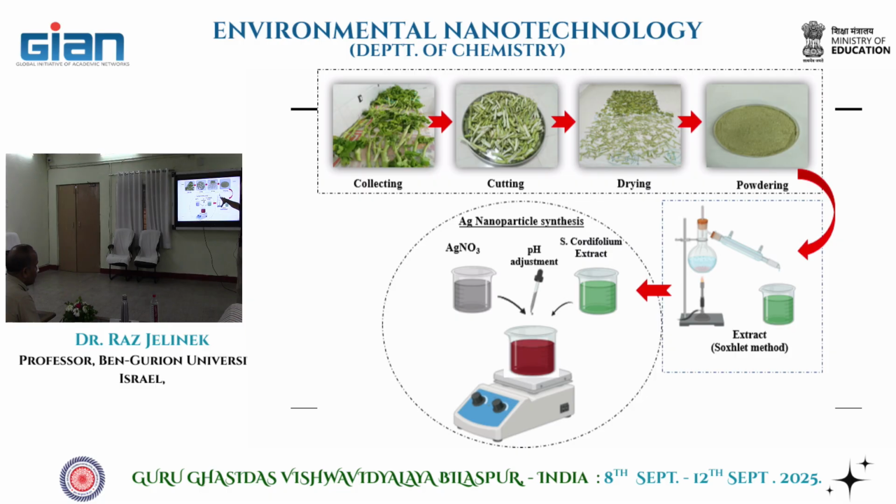In this particular slide, all I showed is a way to make silver nanoparticles from silver ion and plant extract in a very simple, green process. You didn't have to do anything else, just mixing.